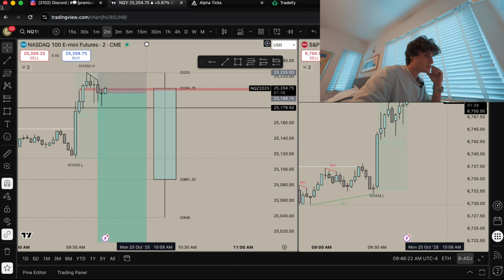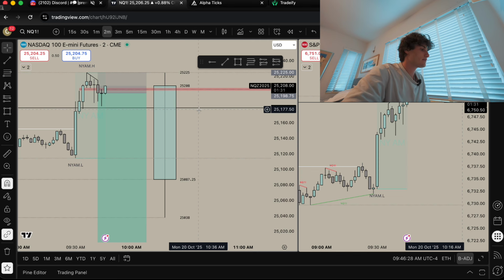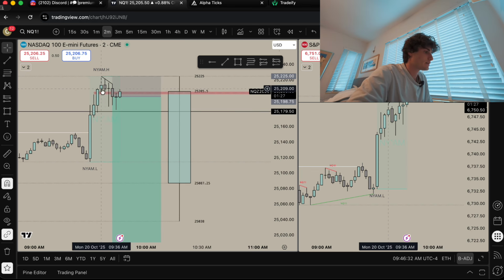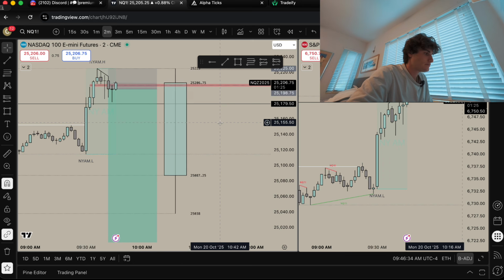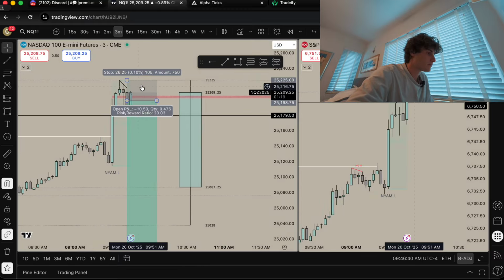It's mad annoying. Yeah, it looks like we have SMT on both sides. We have SMT at the top here, and we have SMT at the bottom here. Both bullish and bearish SMT. We got that 3-minute inversion as well.